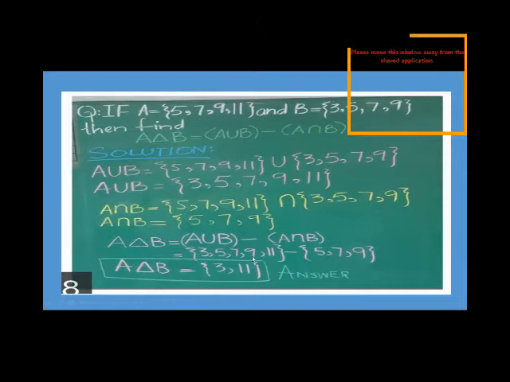We ignore them, and then see what is given before the minus sign. Before the minus sign, we have A union B. In this set, we observe that 3 and 11 are uncommon elements. So we note 3 and 11, the uncommon elements. In this way, the result of A delta B is 3 and 11.